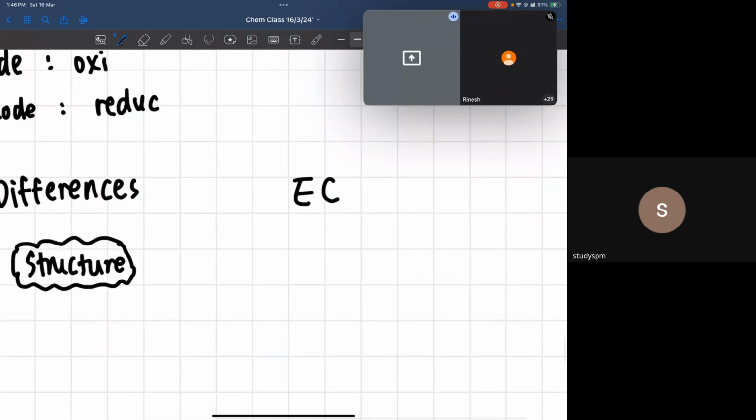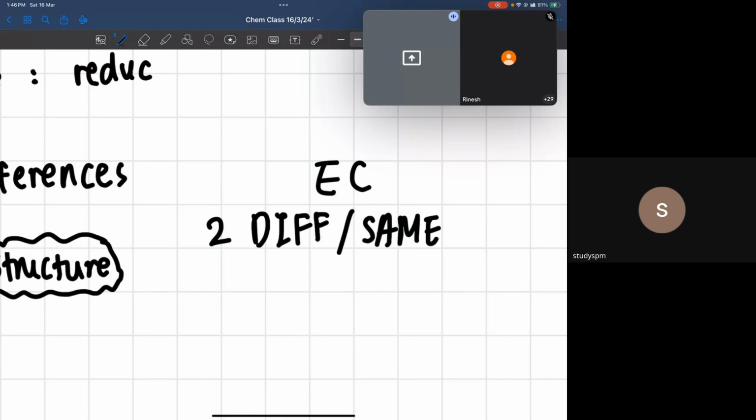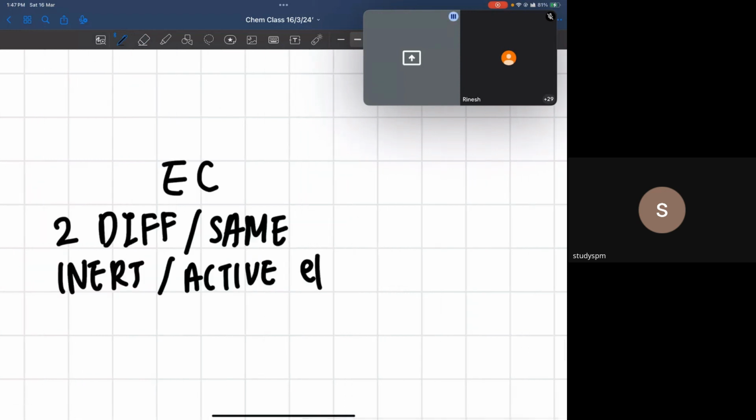And then for electrolytic cell, usually two carbon. Usually inert. Usually two different or the same also can. Different or same also can, for inert or reactive, or active electrode.